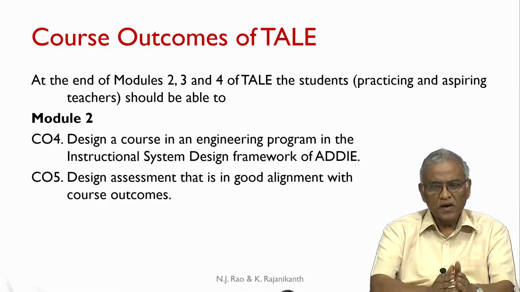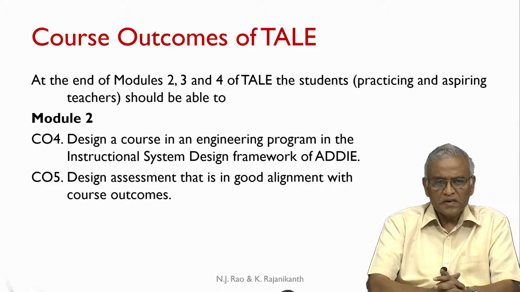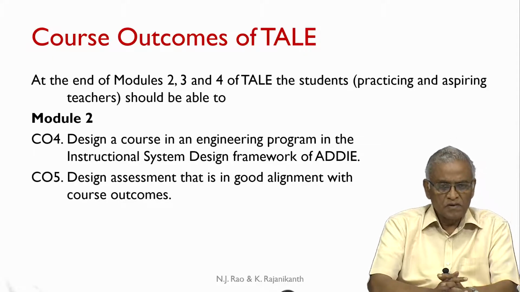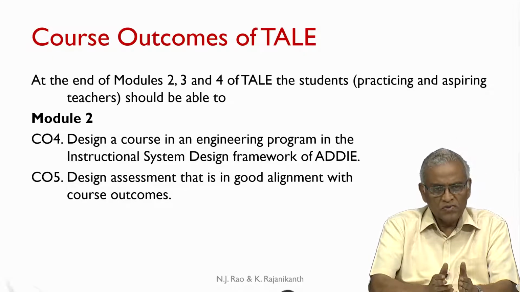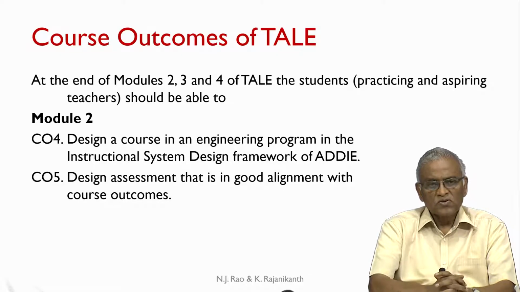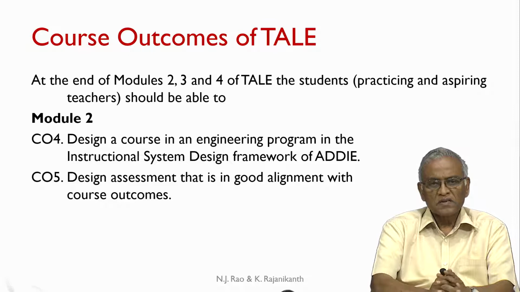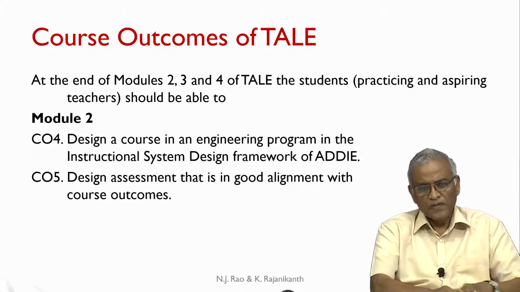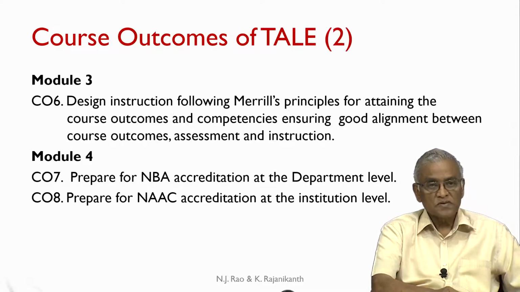We will be looking at how to perform activities in all the 5 phases of ADDIE, and particularly we expect the participants who are in the TAIL module 2 should be able to design assessment that is in good alignment with course outcomes. That is the module 2 outcomes.